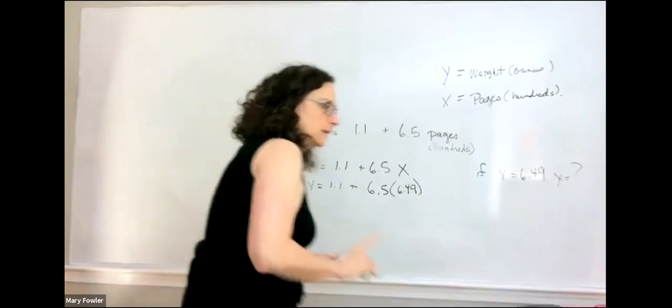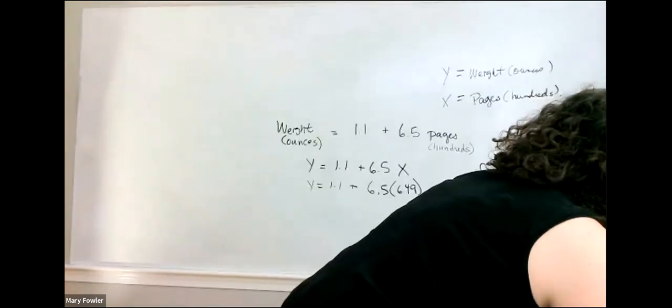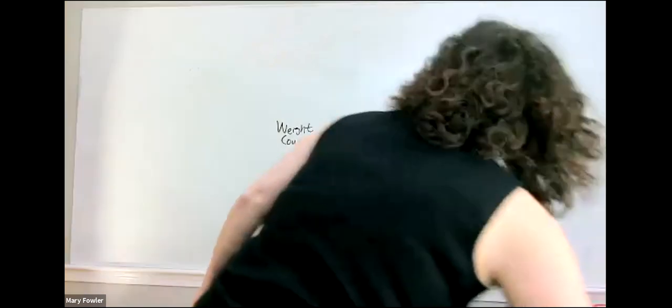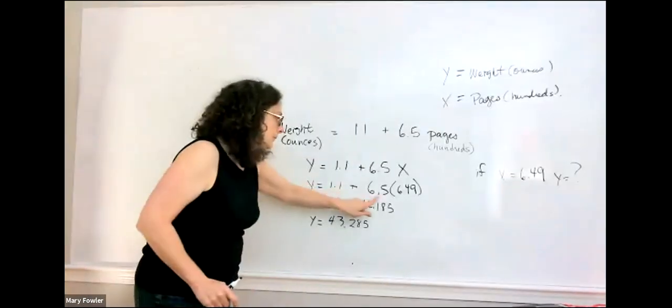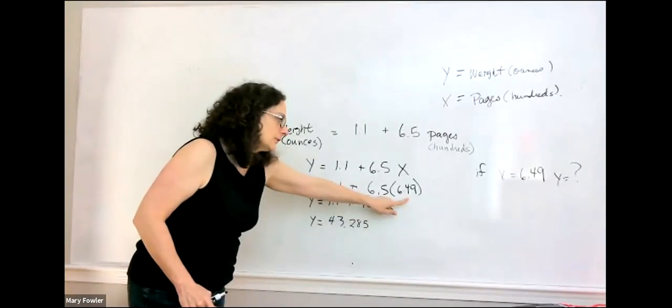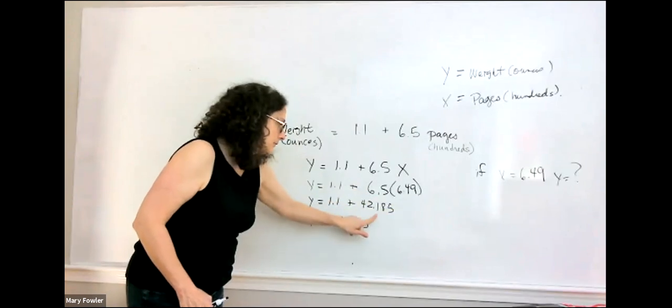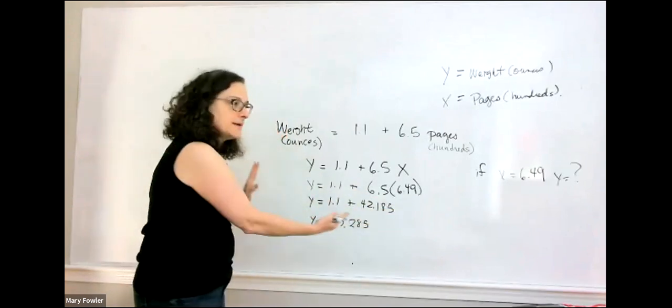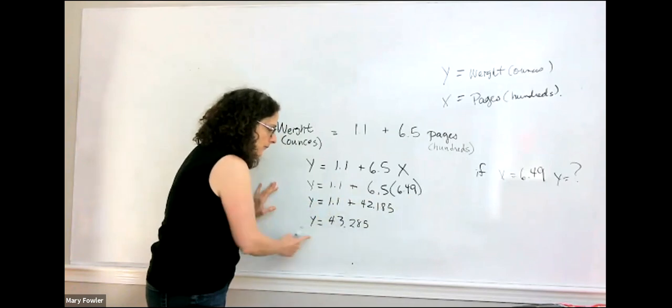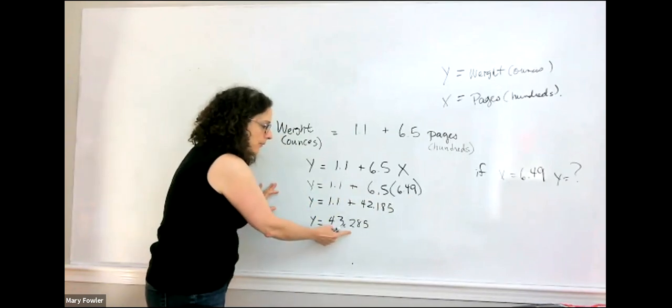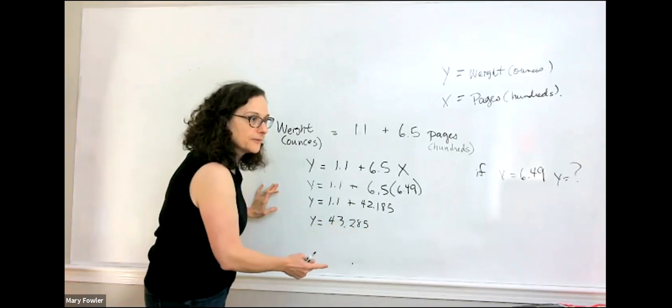Okay, so let's take a moment. You do the multiplication first. Multiplying 6.5 times 6.49, we get 42.185. And then adding the 1.1, we get 43.285.